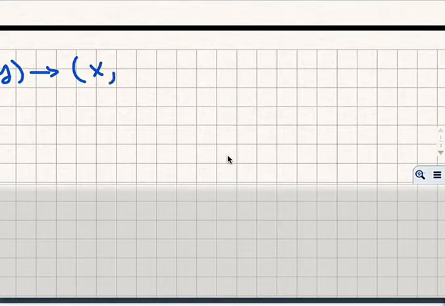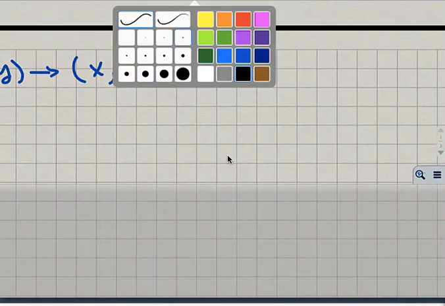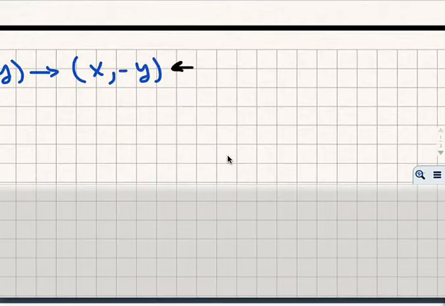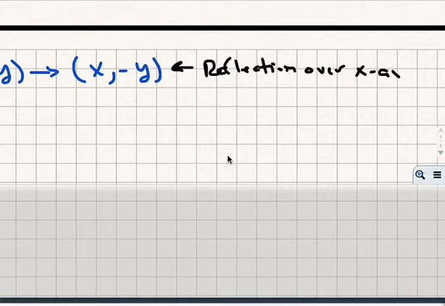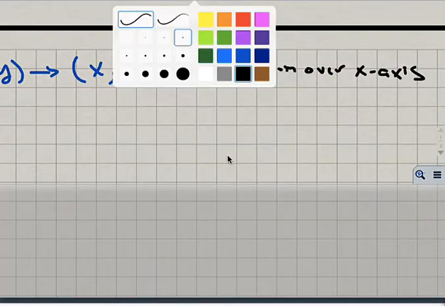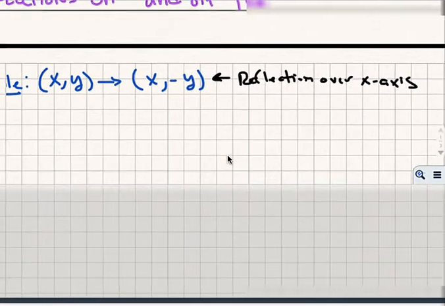x, y goes to x and then negative y. This is only useful if the reflection happens to be over the x-axis. We have a similar rule for the y-axis.